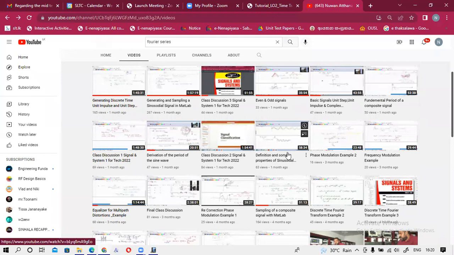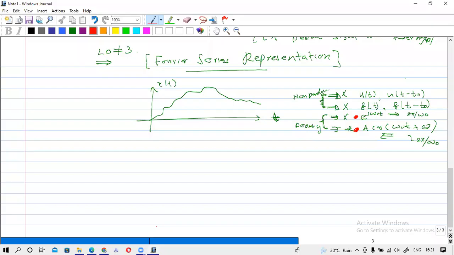This one and this one are related to the sinusoidal signal. You can refer to these two lectures, and also you can refer to this lecture to get a recap about these four types of basic functions.